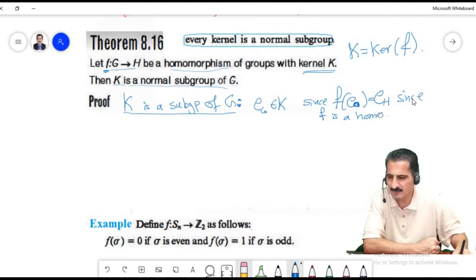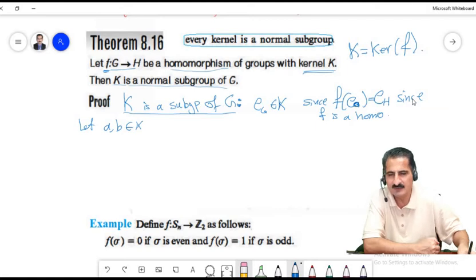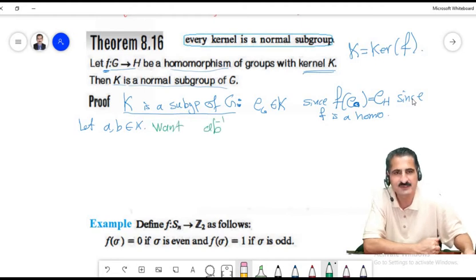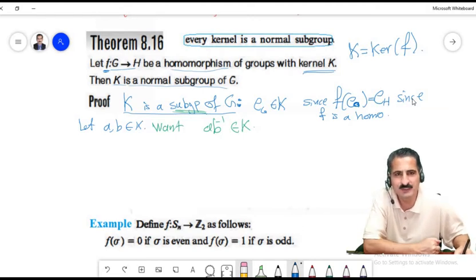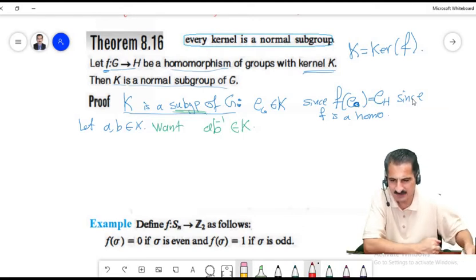Now let A and B be two elements of K. To complete the proof that K is a subgroup, we want to show that AB inverse also belongs to K, and that will give us K a subgroup of G. So let's do that. How do we prove this thing is in the kernel?